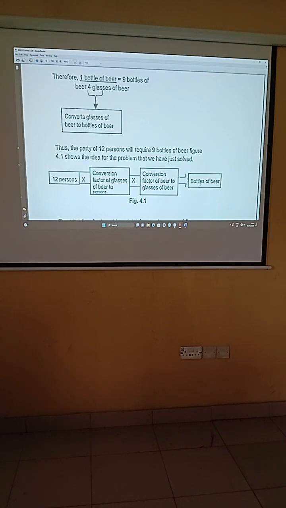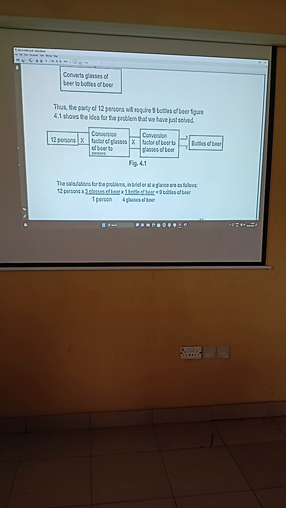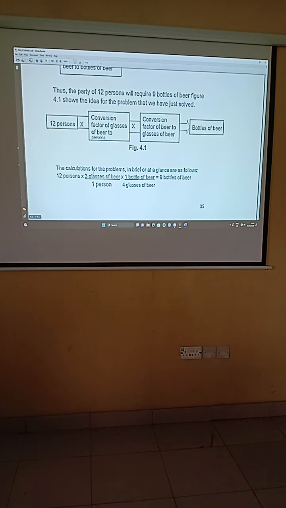And that will give us the bottles of beer needed. Alright? So if we simplify that, we'll see it here. 12 persons times 3 glasses of beer over 1 person times 1 bottle of beer to 4 glasses. If we do that conversion, we're going to have 12 times 3 times 1.